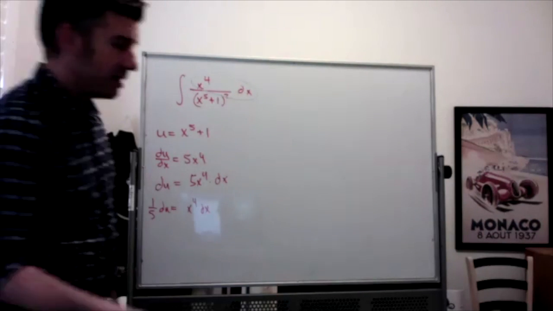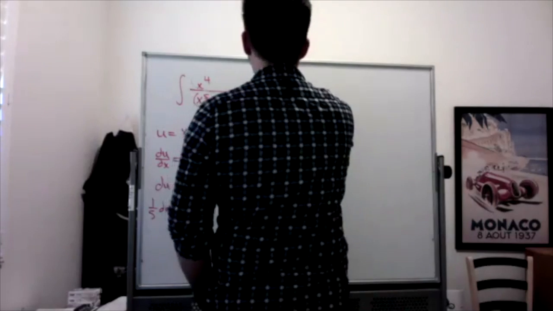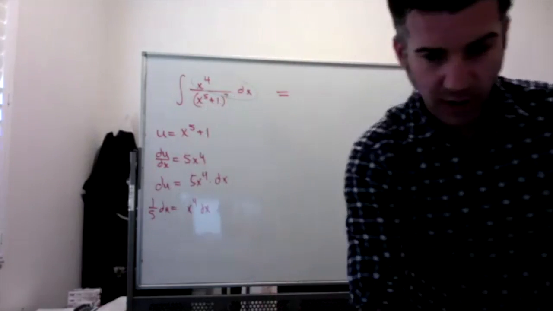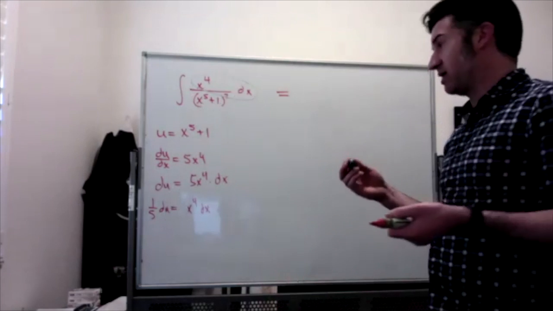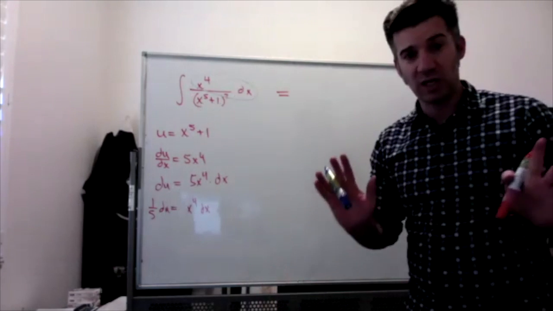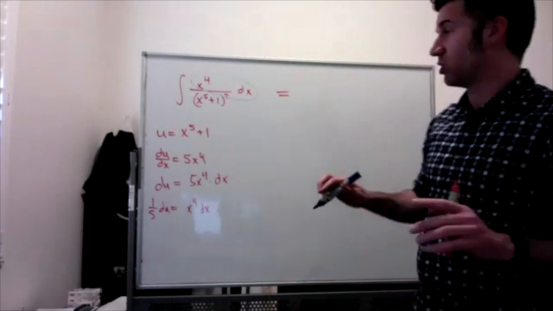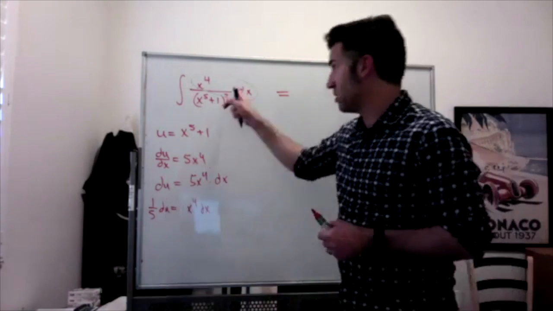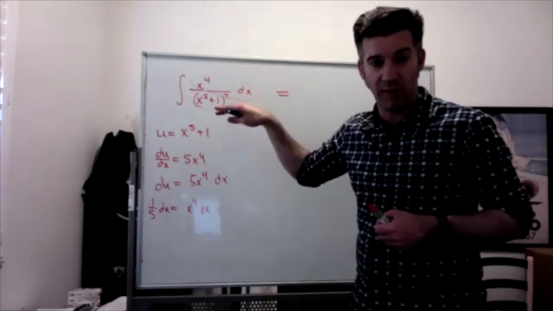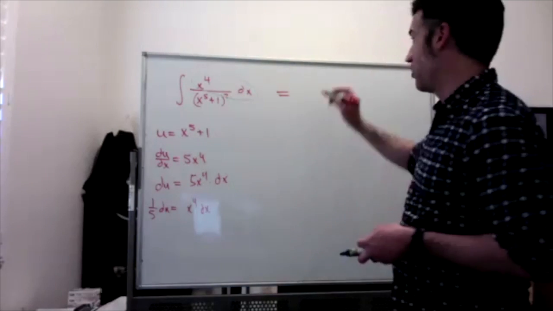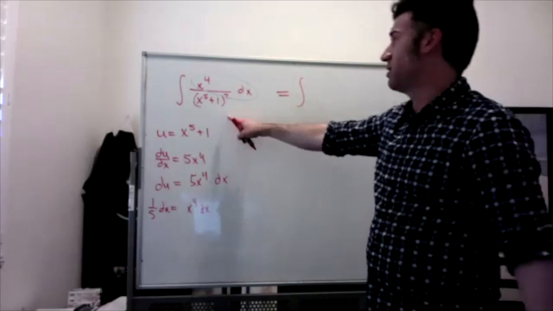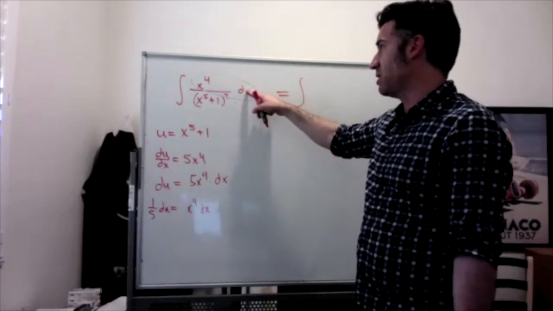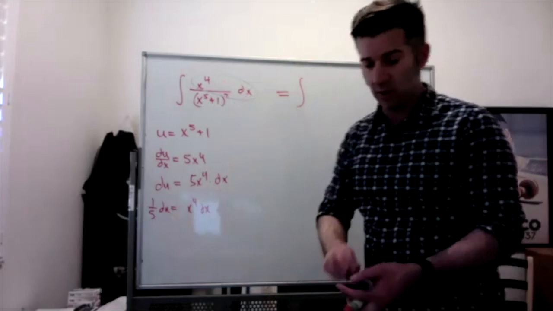Great. Now I can rewrite this integral, and here's a piece of advice. Whenever you're doing a u sub, you always want to make sure you take the things that du is equal to and deal with that part first. So if I'm going to rewrite this integral, I'm going to ignore that denominator completely for a minute, and just say I know that x to the 4th times dx is 1/5 du.